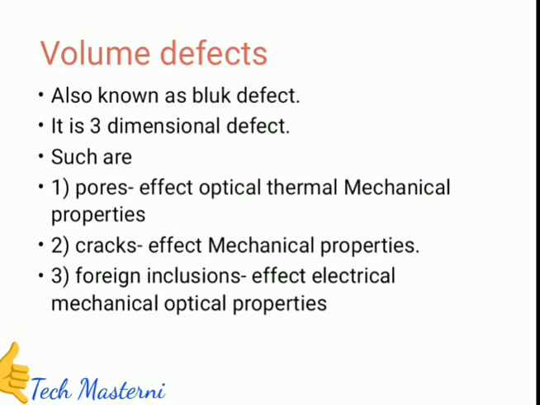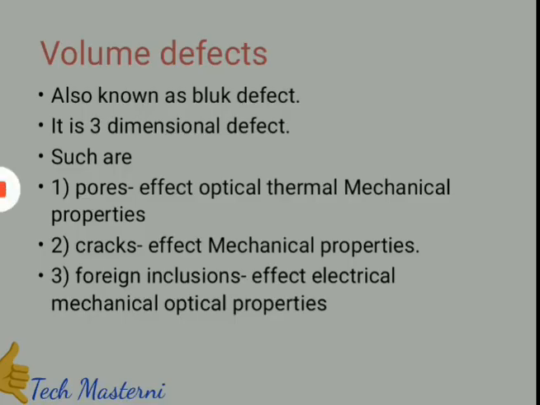And then comes foreign inclusion. Foreign inclusion means there is an accumulation of foreign atoms in the bulk structure and it will affect electrical and mechanical, also optical properties. So this is all about the defects.